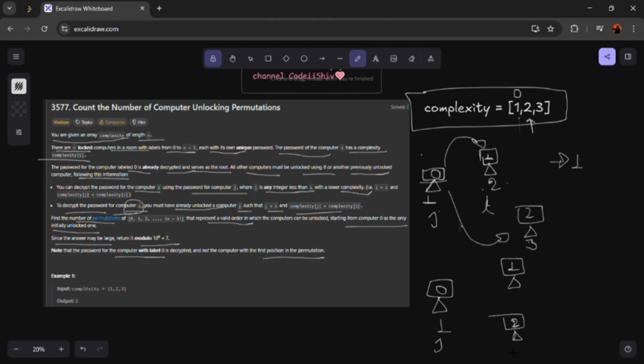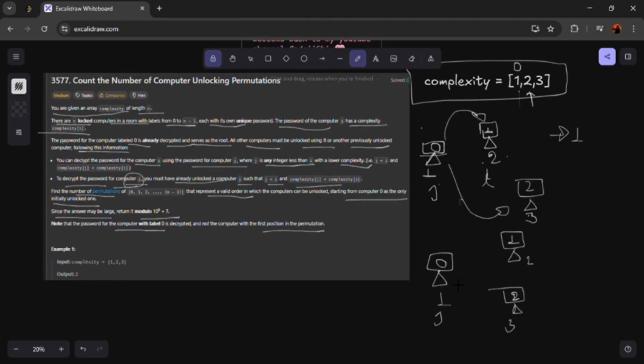If we first unlock computer 2 using computer 0, yes, we can unlock it. Means at index 2 we can unlock the computer using index 0.